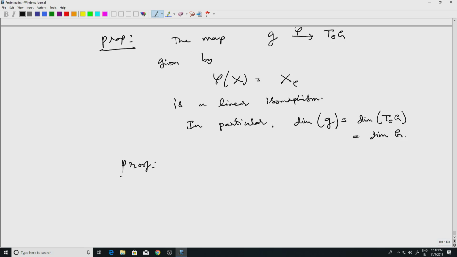So let's prove this. First, I said that it's a linear isomorphism. The first thing is that linearity is clear, since if I consider x1 plus x2, I'll be looking at the value of x1 plus x2 at identity, which is the same as the value of x1 at identity plus the value of x2 at identity.